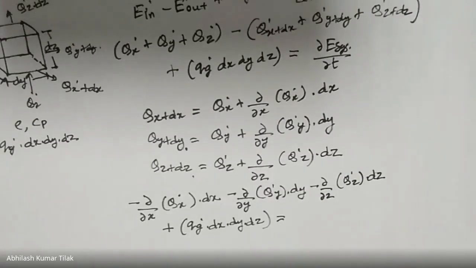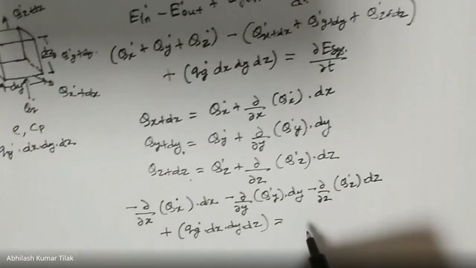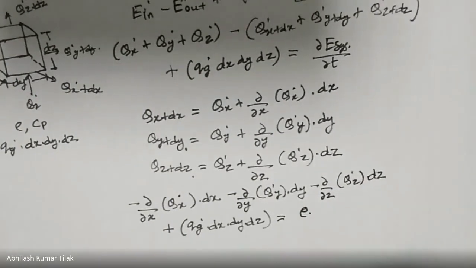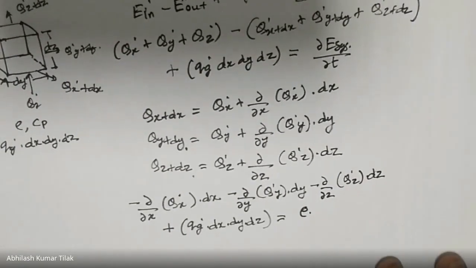No. Okay. So let us write for the RHS side, that is the change in the energy content of the system. If you recall, the energy change in the system when heat transfer is going on, we write as mCp dt. For m, I can write the mass as the product of the density and the volume. So density is rho. What would be the volume for this element? It would be dx into dy into dz.